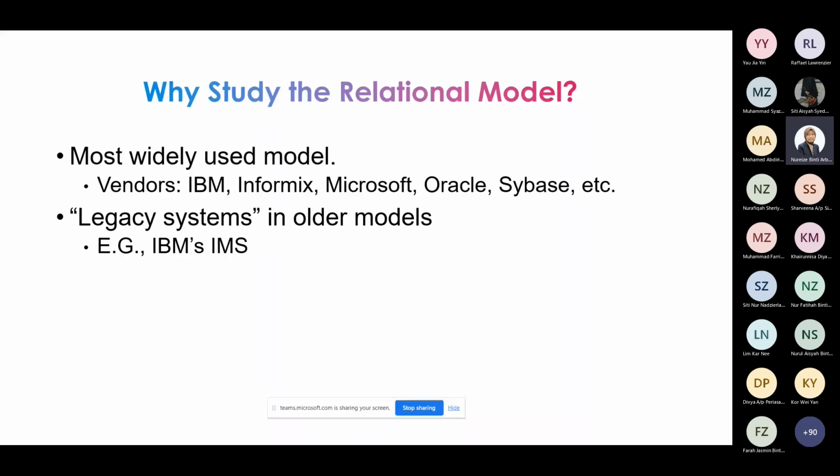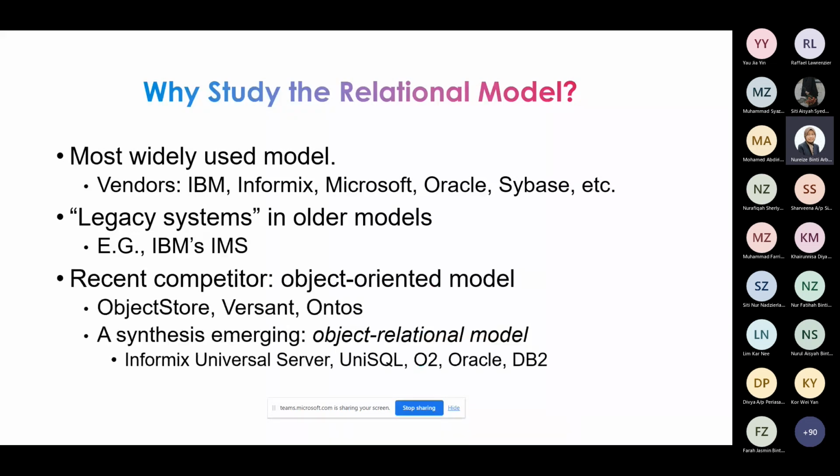It is a legacy system in the older model, IBM's. The recent competitor for the relational model is object-oriented, not too recent. Object-oriented models have emerged, and they have their own success stories and advantages.